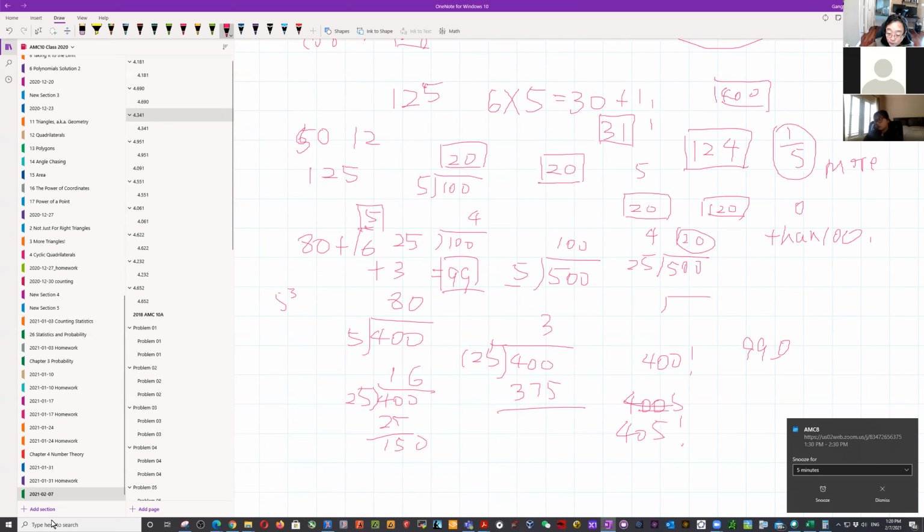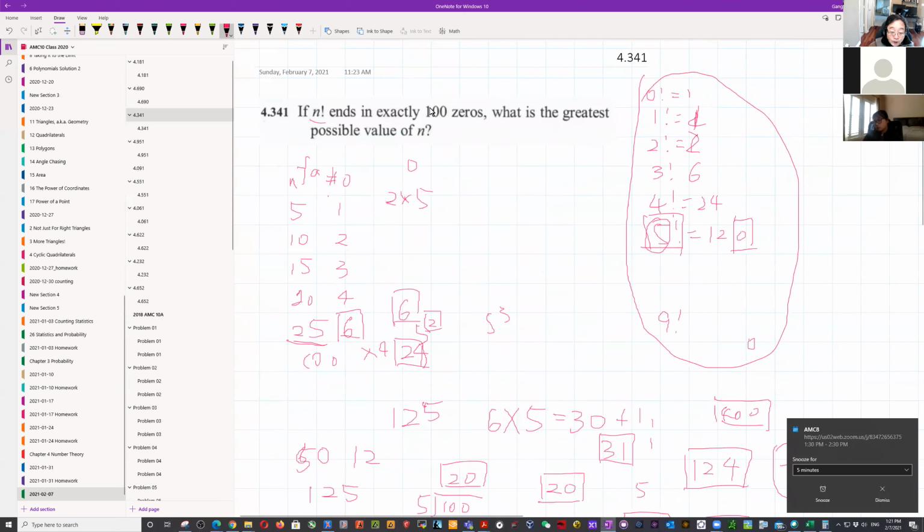So I can push the envelope a little bit more. 406 factorial does not contribute a single 5, then I can go up to 407, 408, 409. I cannot go to 410, because that will contribute one more 0. So basically 409 is our answer. So for this type of problem, you just have to do some exploring.